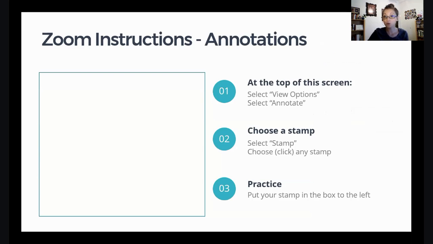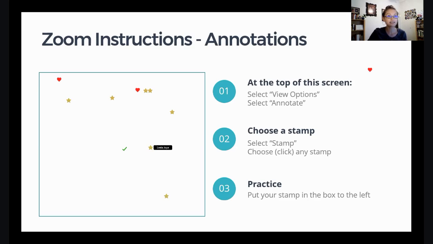I do want to practice one of the features that we're going to use today, because it's going to be an activity, and I want to make sure you can do it before we get there. Someone's already done it. If you know how to do it, go ahead and do it. You don't have to wait for me to describe this, because it'll help us move on quicker. So if you don't know how to do this, we're going to annotate. At the top of the screen that I'm sharing with you, select View Options, and then select Annotate.